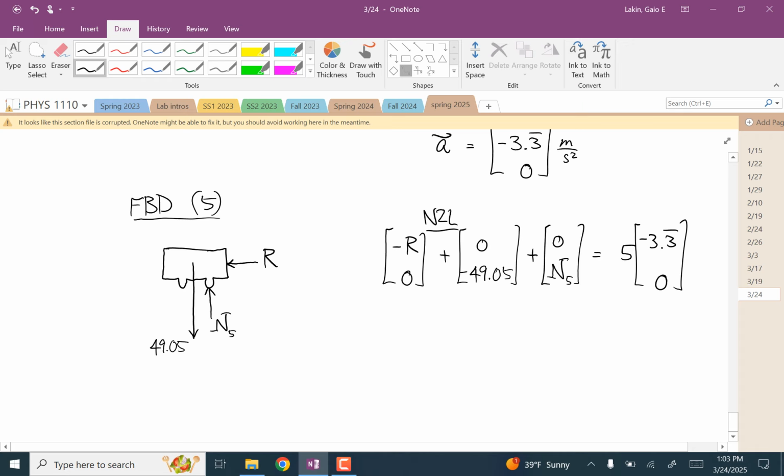The x equation says negative R is equal to 5 times negative 3.3 repeating. So negative 16.6 repeating. So R is equal to 16.6 repeating newtons.